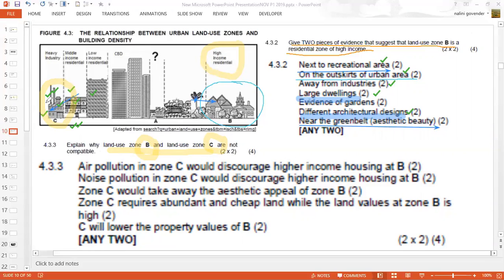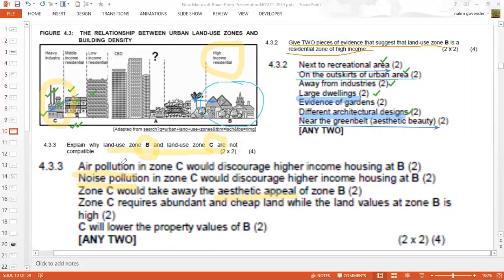Because the heavy industry causes pollution, whether it's air pollution, noise pollution, water pollution. The issue of pollution is going to result in poor environmental conditions, poor aesthetics. And we spoke about environmental injustice in module 4. That issue of environmental injustice is now taking place.